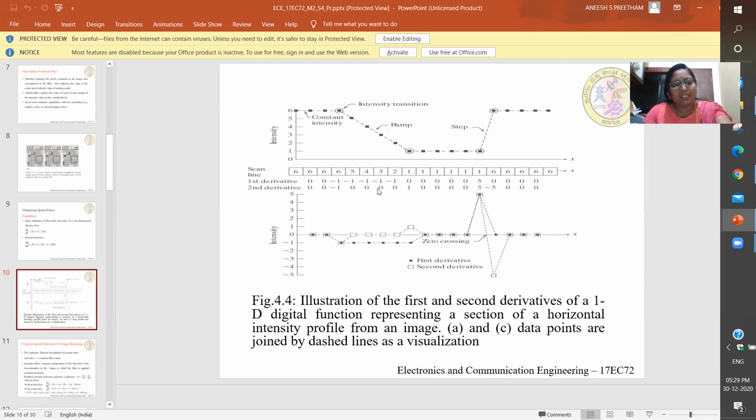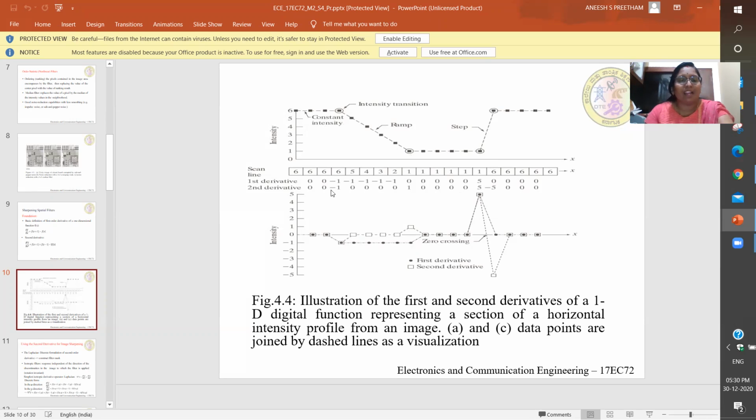The values inside the small square are the intensity values in the scan line, which are plotted as black dots in figure A. You can observe here the values taken as 6, 6, 6, 6, then 5, 4, 3, 2, 1, 1, 1, 1, 1, and again 6, 6, 6, 6, 6.